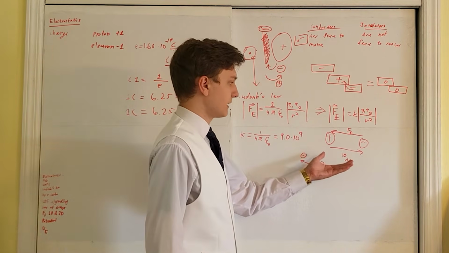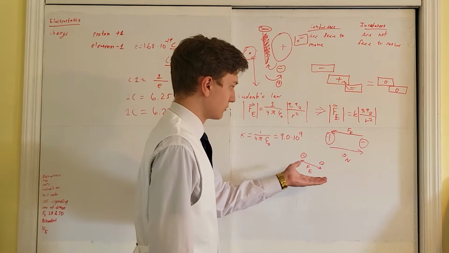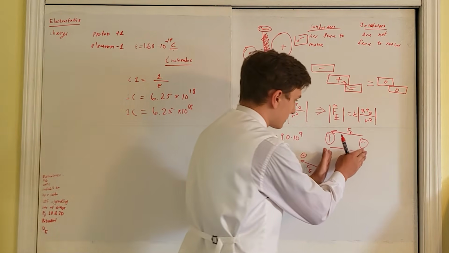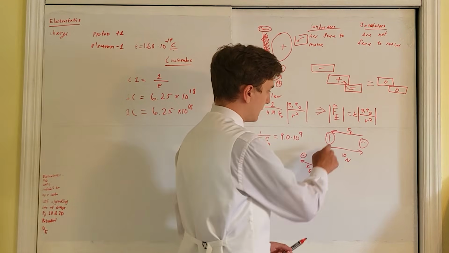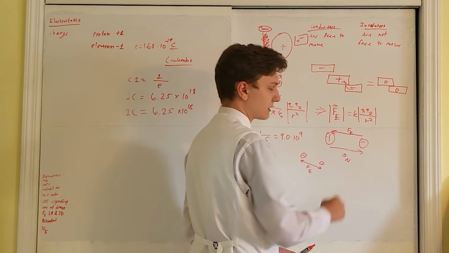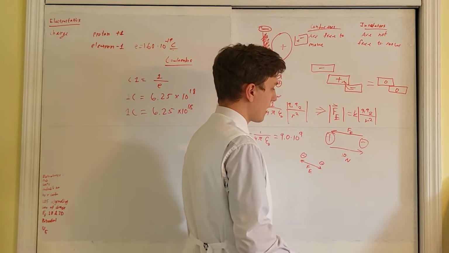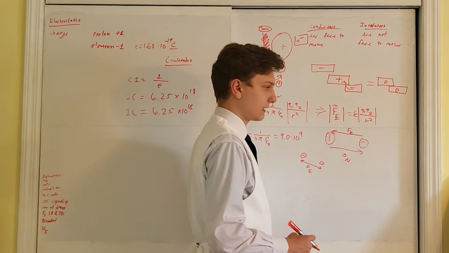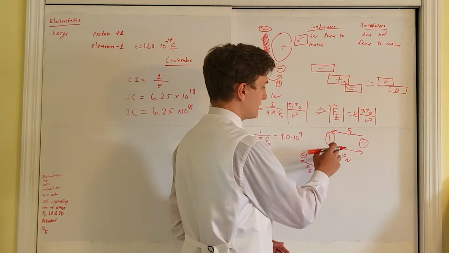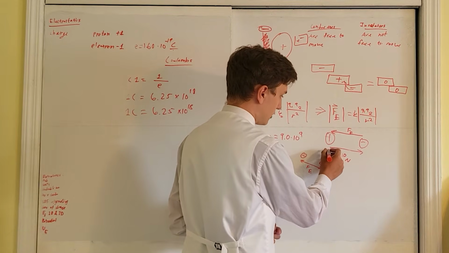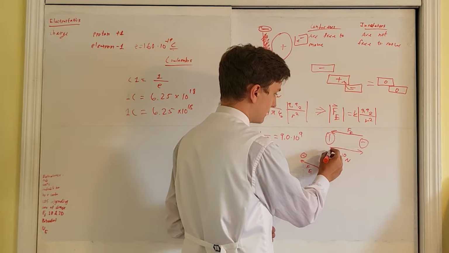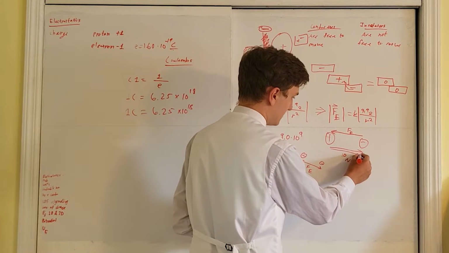I would plug into my equation, I'd find the magnitude, 10 newtons, and then I would reconsult the problem. I'd reconsult my drawing and I'd say, okay, I'm dealing with a positive charge and I'm dealing with a negative charge. Therefore, this 10 newtons that I was given by my equation is an attractive force. So relative to the positive charge, this is a 10 Newton attractive force pulling me in this direction.